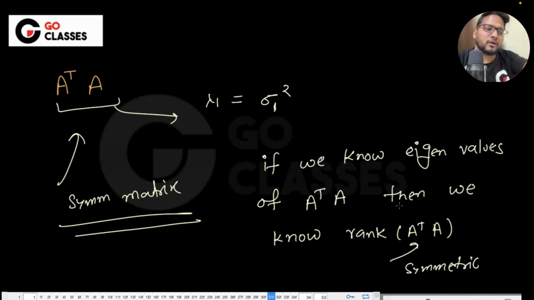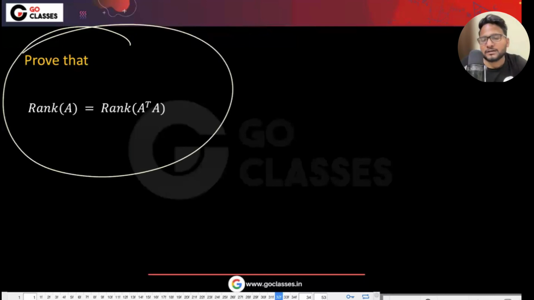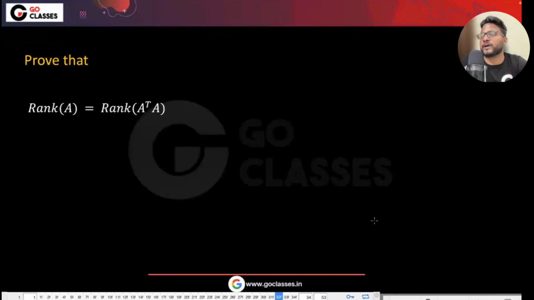Now let's just see why this rank of A transpose A is so nice to me. Why this rank of A transpose A is so close to what I'm looking for. I will connect the dots, but let's first prove this very nice theorem that rank of A and rank of A transpose A are the same.